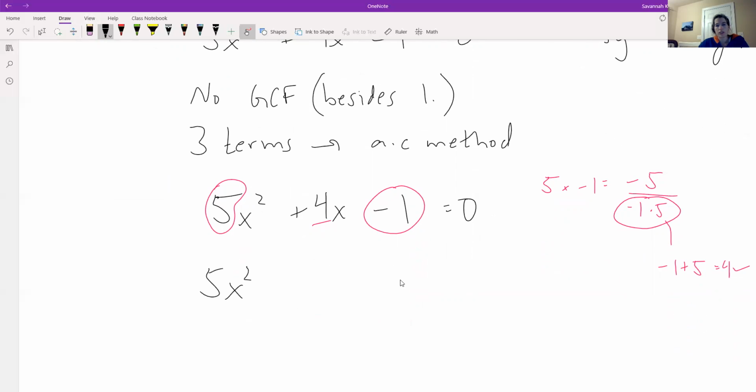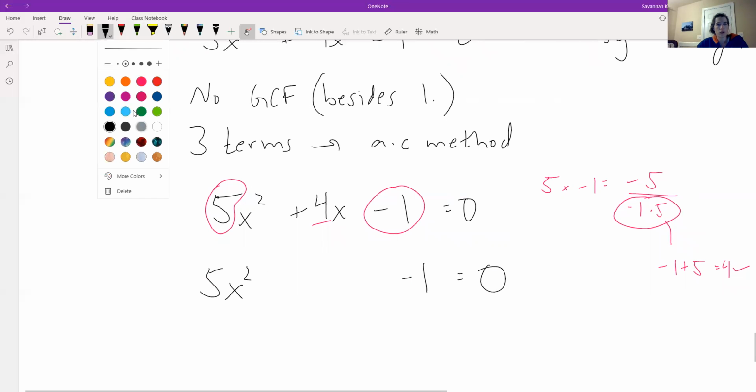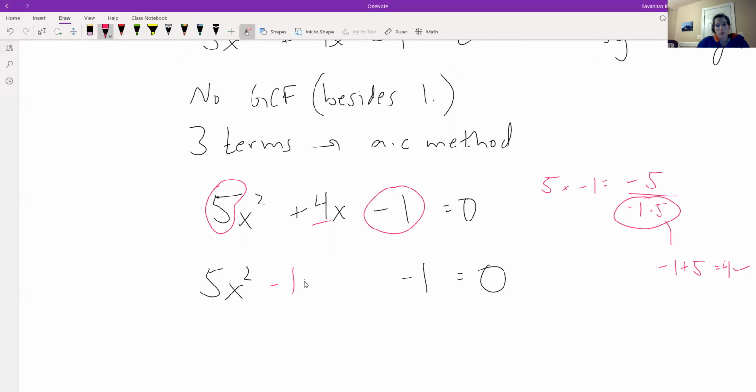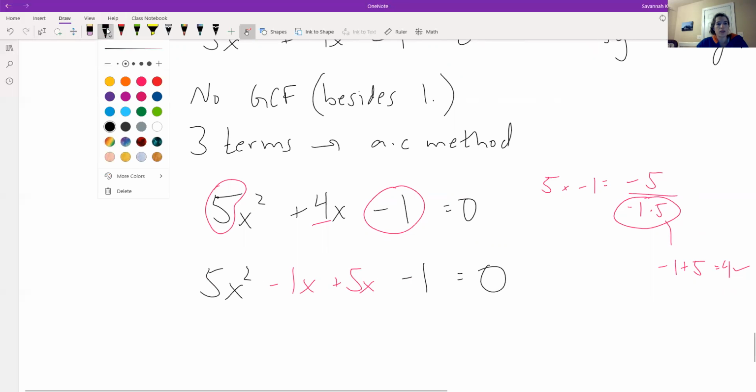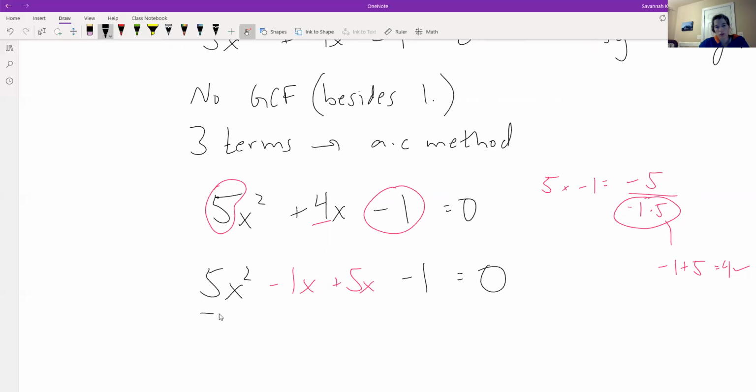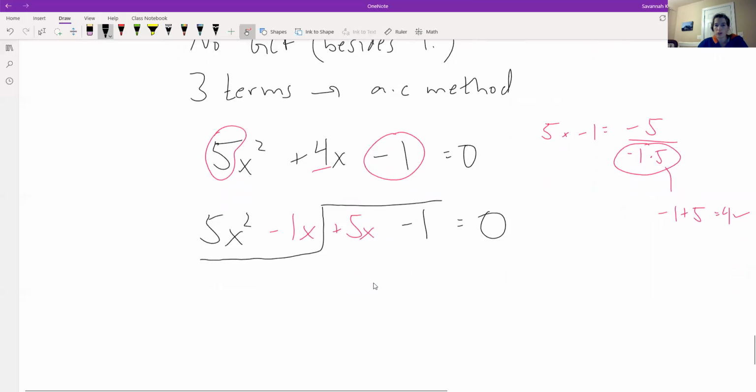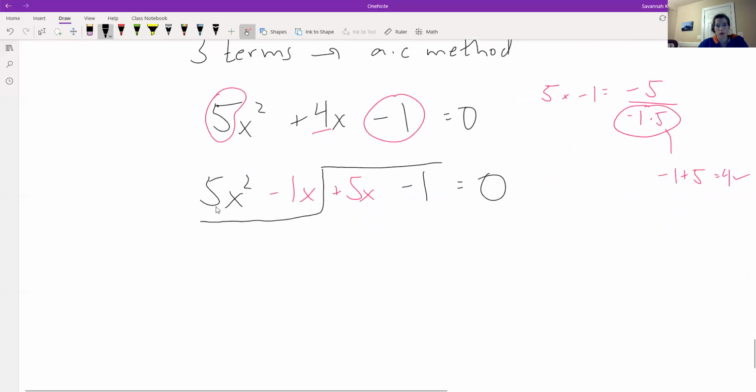5x squared stays as is, -1 stays as is. All of this is set equal to 0. We're trying to solve an equation here. And then I get -1x plus 5x. And of course, the AC method, if it works, always leads me into a 4-term polynomial, which should factor by grouping if all goes well.